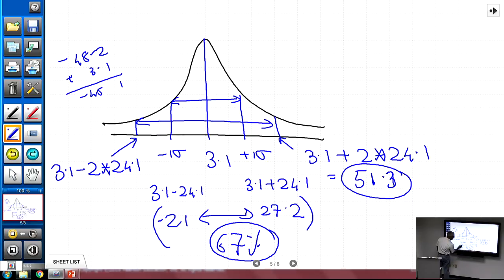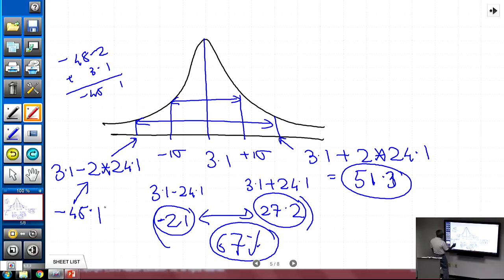Oh, this was minus. The original one was minus over here. So the 67% likelihood, the distribution would be from minus 21 to plus 27.2. So the 95% would be minus 45.1.